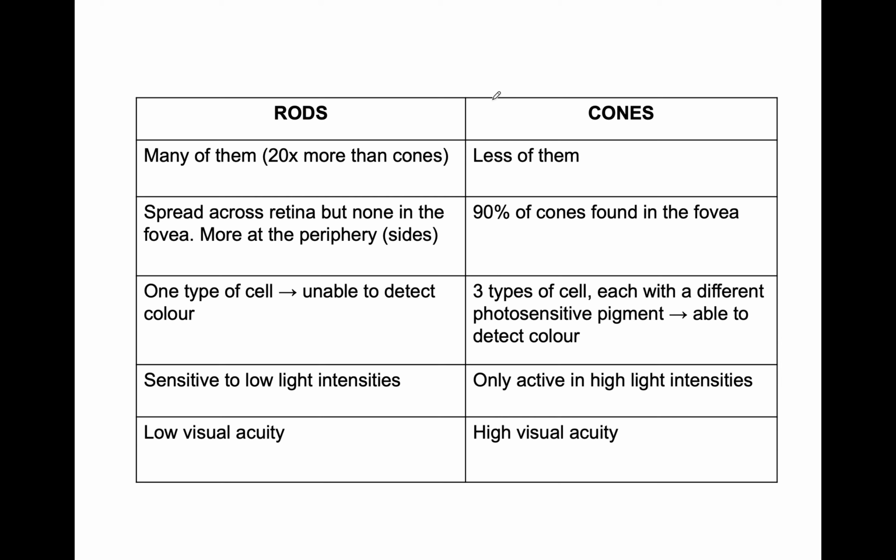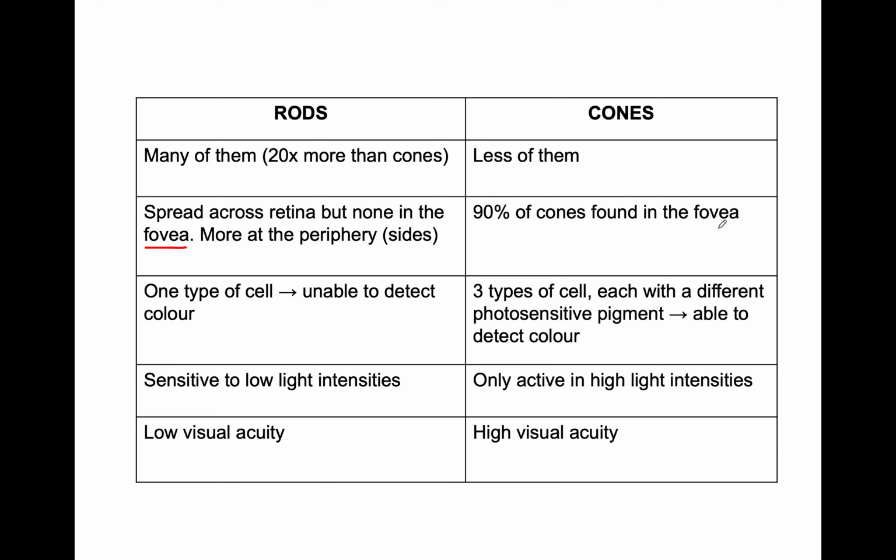So the retina contains rods and cones. There are many more rods than there are cones. Those rods are spread across the retina, but are not found in the fovea. So the fovea is the point perpendicular to the pupil and the lens, the point directly behind the pupil. The cones are almost exclusively found within the fovea.